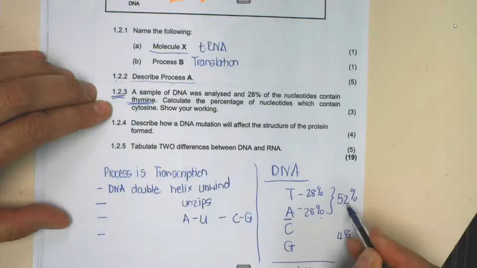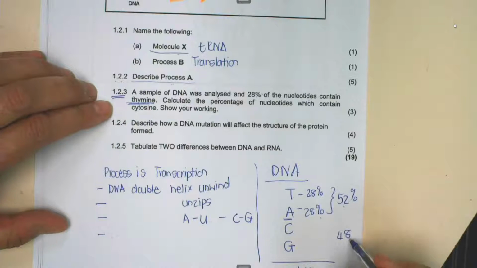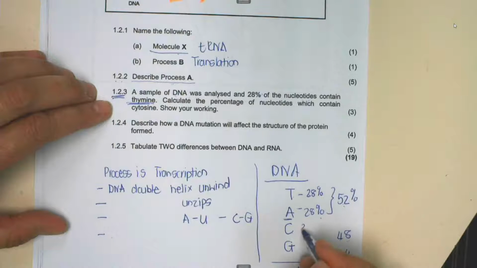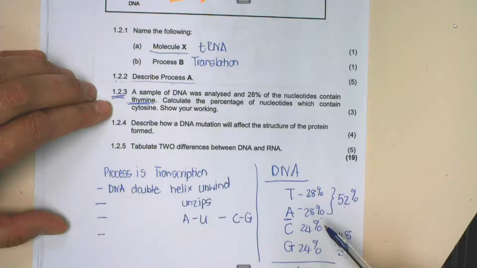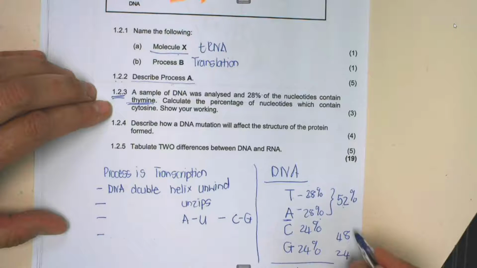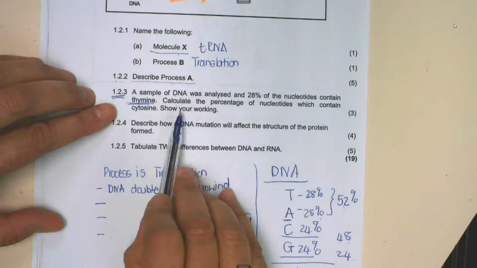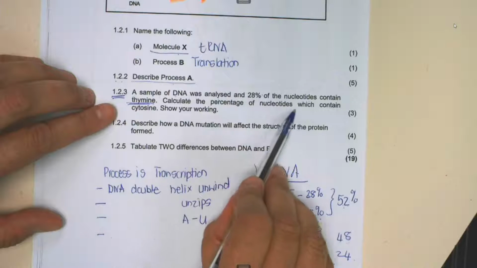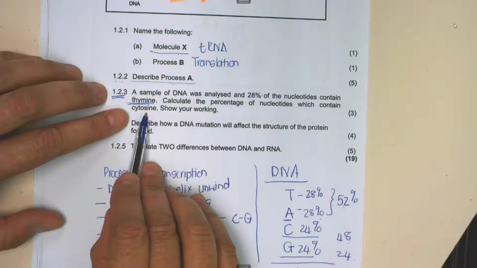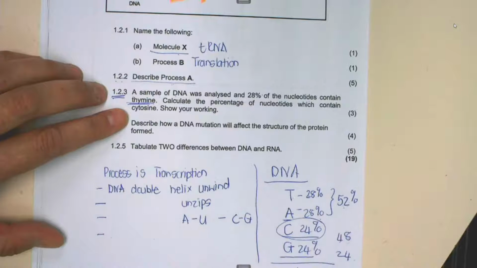Let's just see if I'm counting correctly now. Yes. So half of that is that, half of that is that. So now that one will be 24% and that one will be 24%. And let me just check, 16, no, that must be 8, it's 60, yeah, 40, 48, yeah. So the same amount of cytosine and the same amount of guanine. Now they say calculate the percentage of nucleotides which contain cytosine, and then that is your answer. Okay.